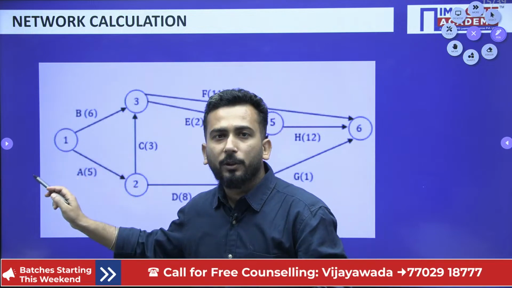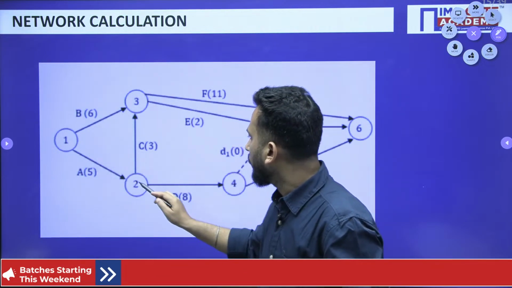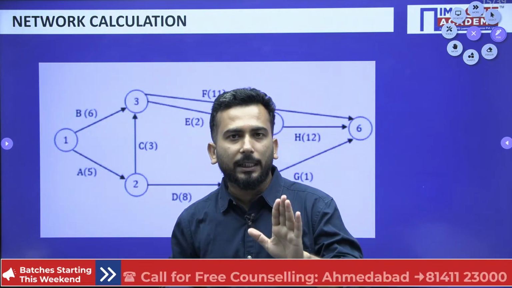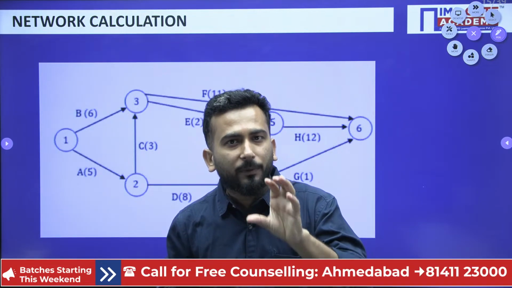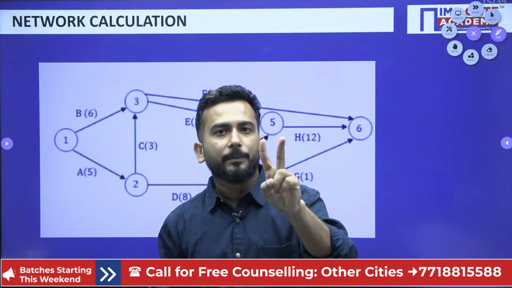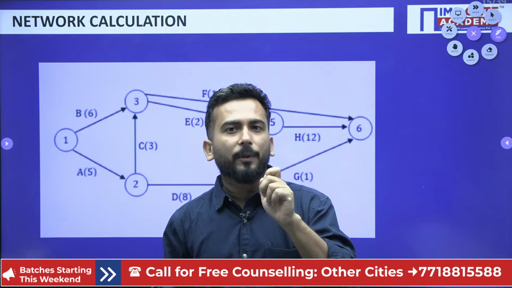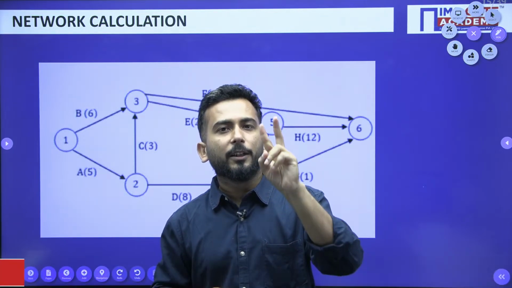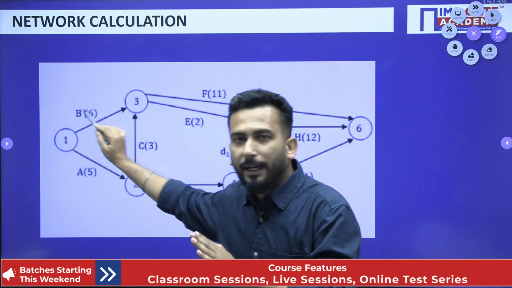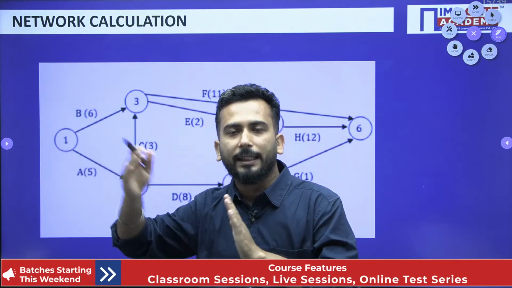Now how many nodes are you seeing over here? 1, 2, 3, 4, 5, 6. 6 nodes are there, and above every node there will be 2 times. I repeat, above every node there will be 2 times. First one I will write, and then after some time I will write the second time.